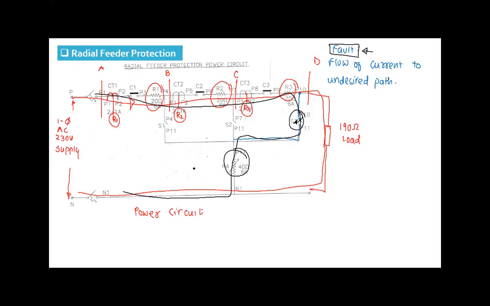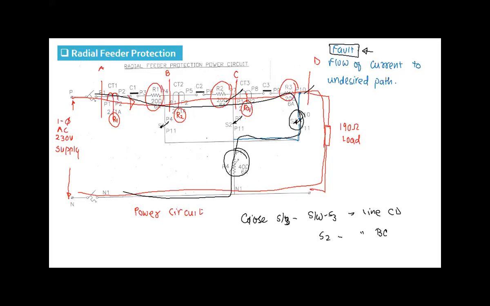Okay. So when we close switch S3, there will be a fault on line section CD. Likewise, if we close switch S2, there will be a fault on line section BC.